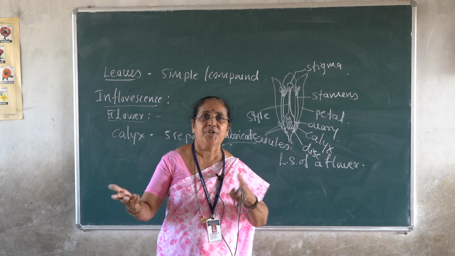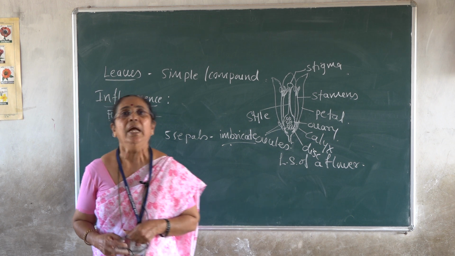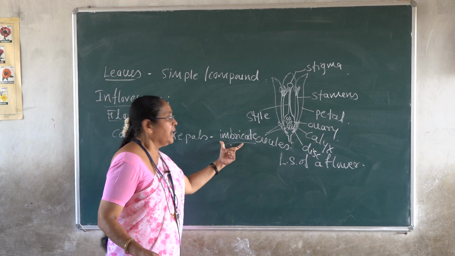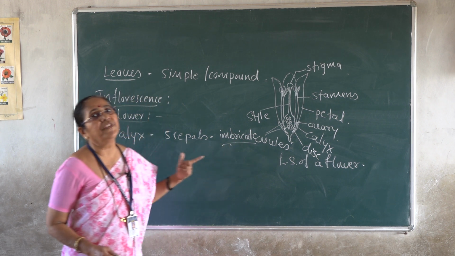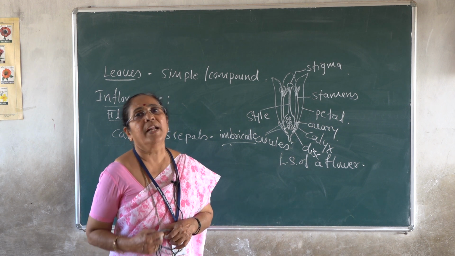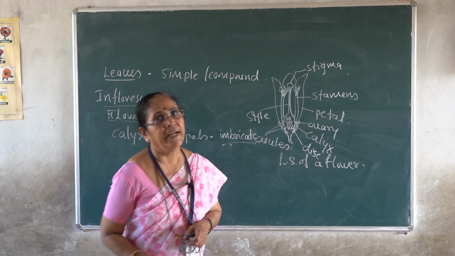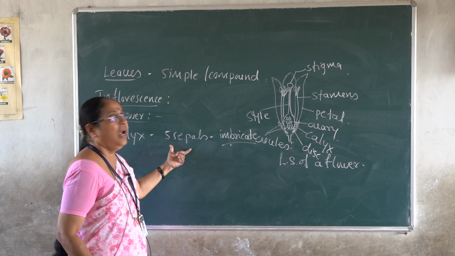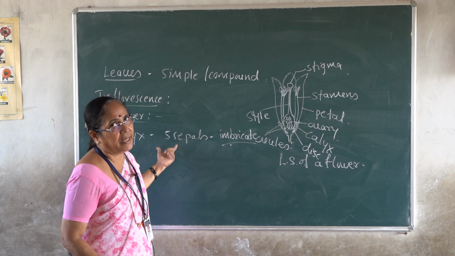You can check the video which contains all these kinds of estivations. If the sepals are 5 in number and the estivation is imbricate, one sepal will be completely out, another completely in, and the remaining 3 sepals partly in and out. This is described as the imbricate type of estivation.